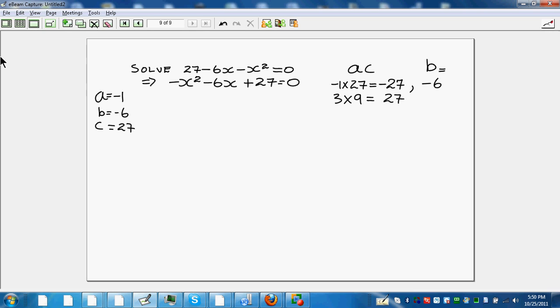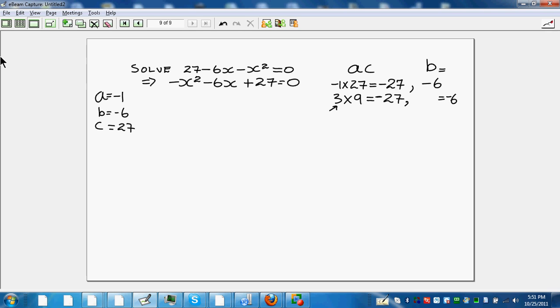So what we have to do is select either the 3 as negative or the 9 as negative, so that when we multiply those two numbers together, we'll get minus 27. But to decide which one we allocate as the minus, we have to recognize that when we add whatever we choose for these first two here, we must end up with minus 6.